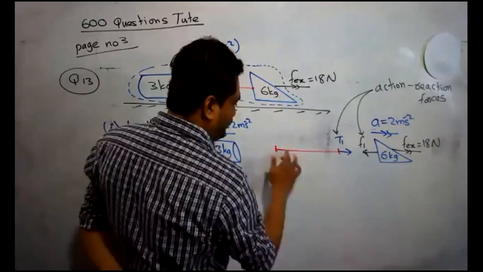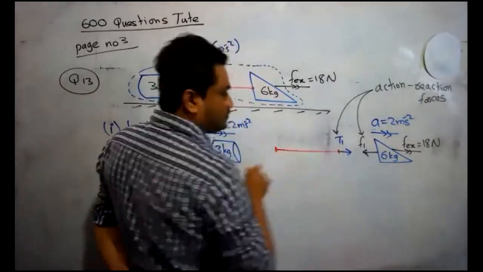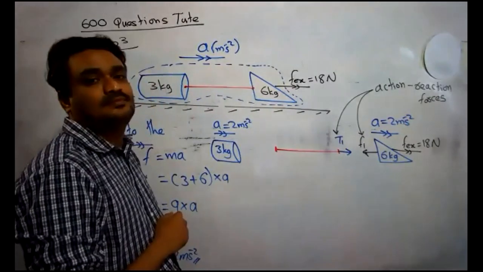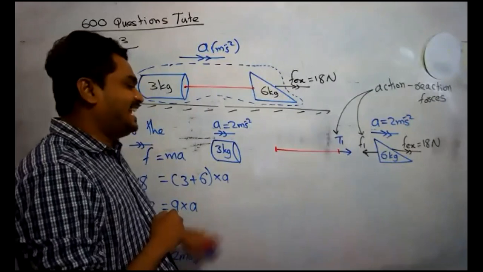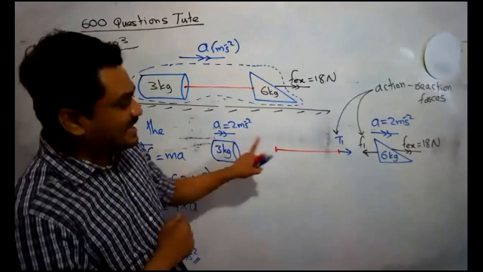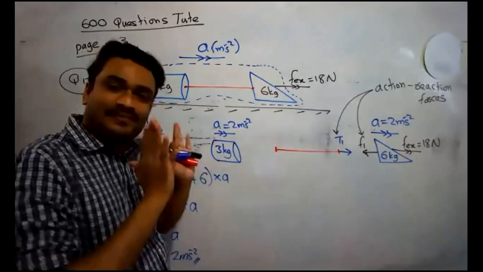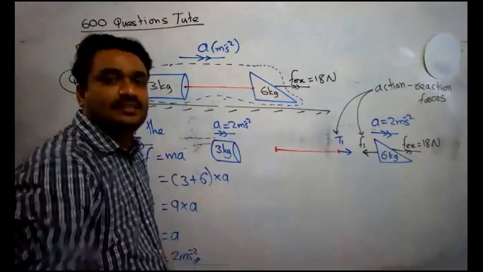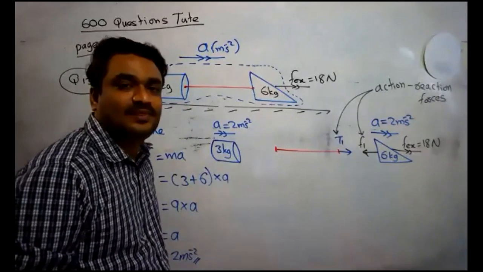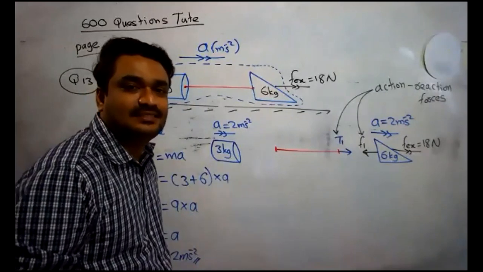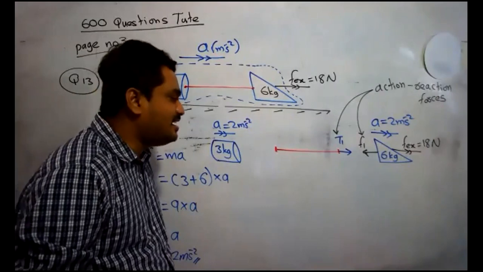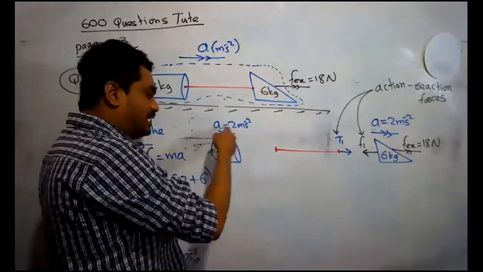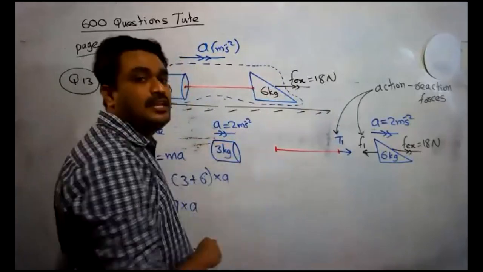Second reason. When the string is moving to the right hand side, it has to move the 3 kg object.